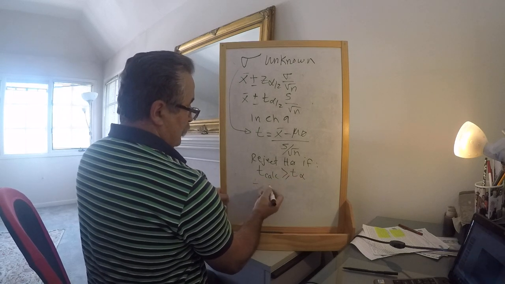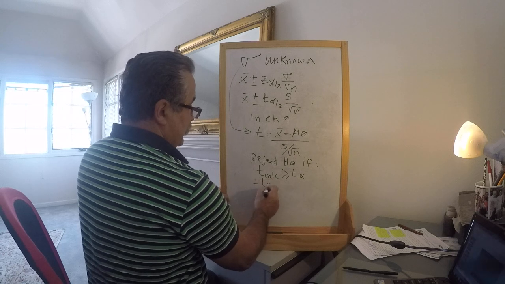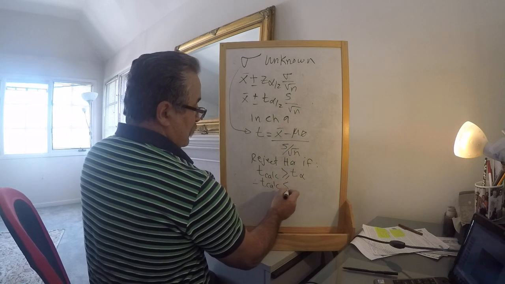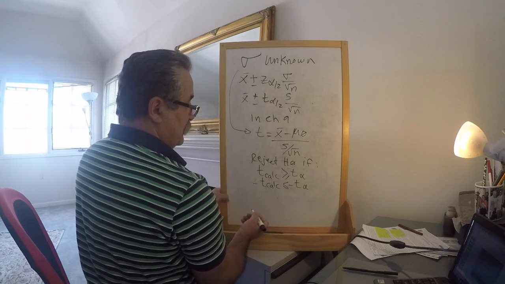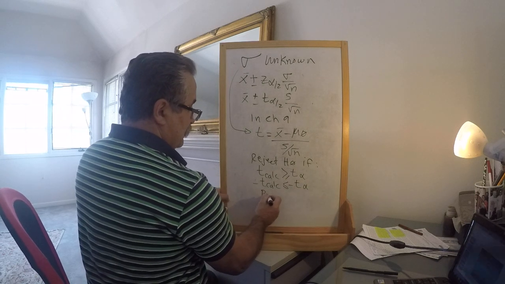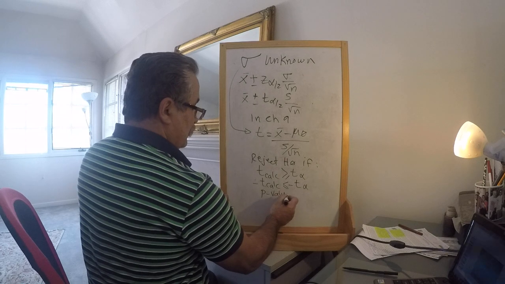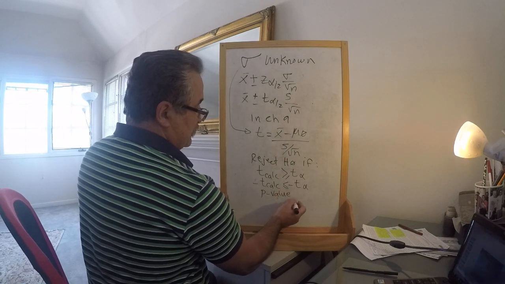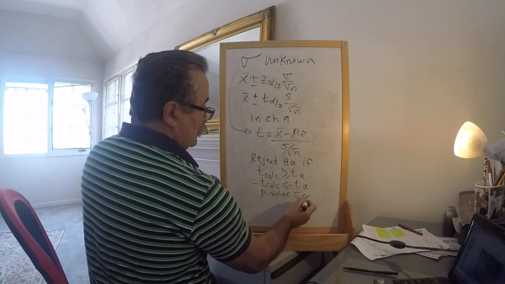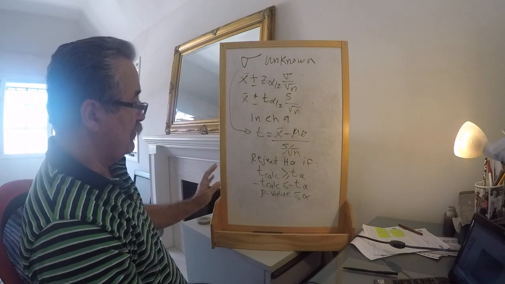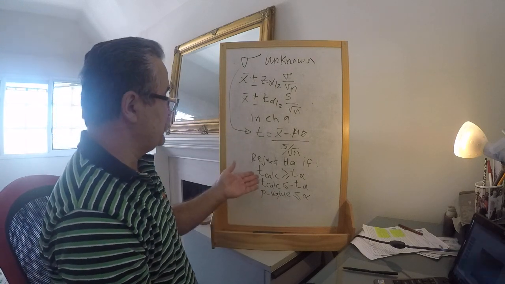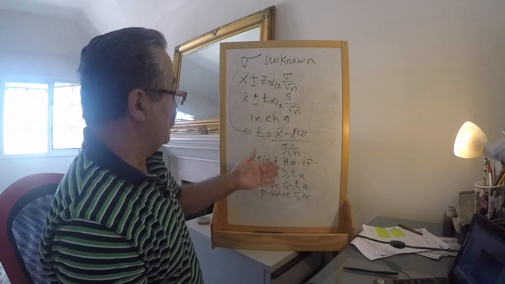For negative values, T calc less than or equal to negative T of the alpha. For p value, everything is going to stay the same, less than or equal to alpha. And for half of the alpha, the same. So the rejection rule stays the same, except instead of z, we are using t.